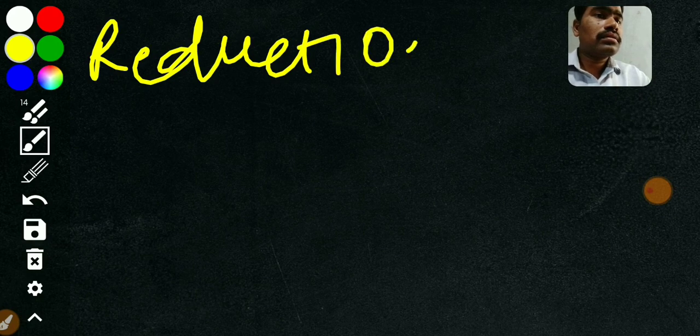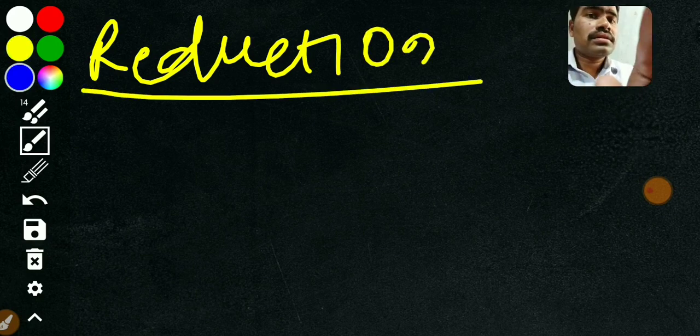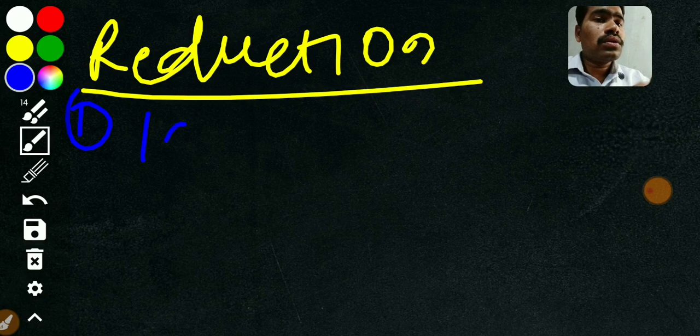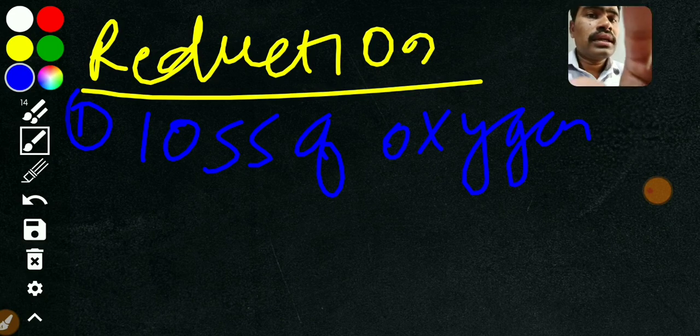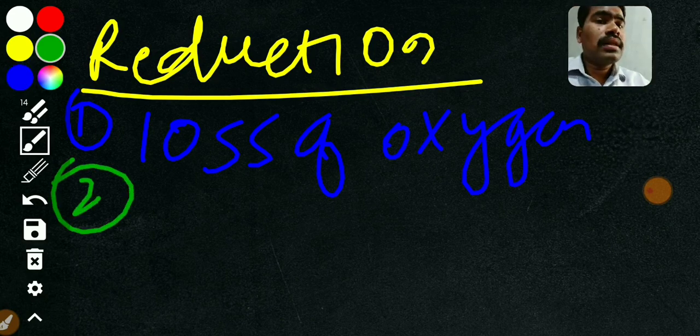The first thing is the reduction is loss of oxygen. Second is, there was a loss of electrons in the oxidation reaction. Now here, gain of electron.